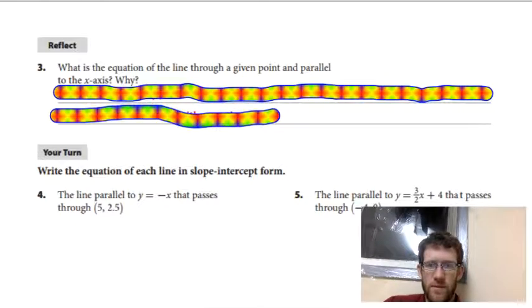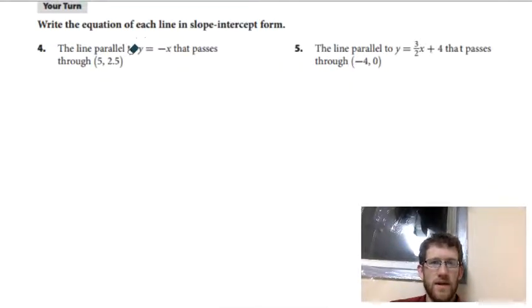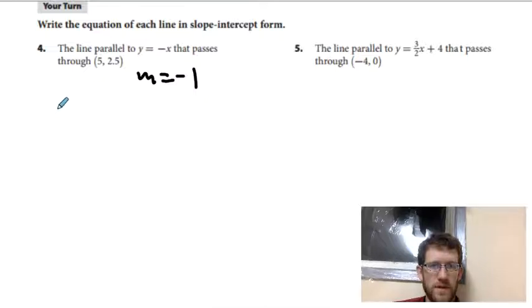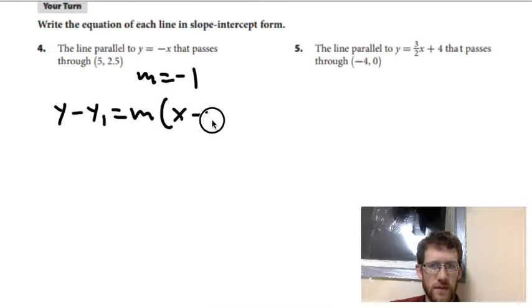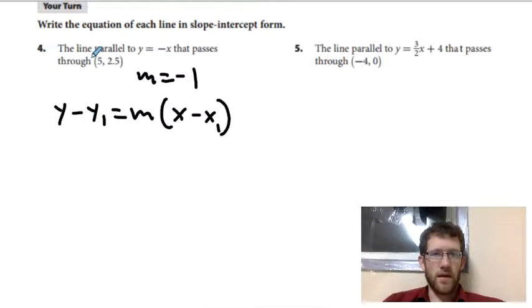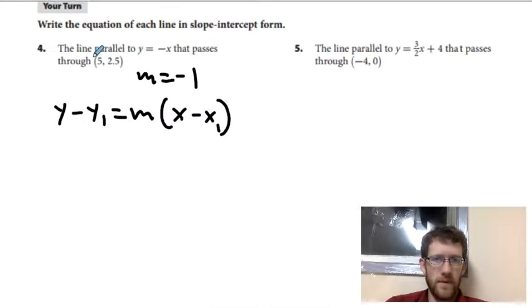So I'll do example 4 here. It asks for a line parallel to y equals negative x. So in this case, the slope is negative 1. And then I write out my equation here. So point slope form is y minus y1 equals m times x minus x1. Memorize that. I can plug in, that's my x1 and y1.